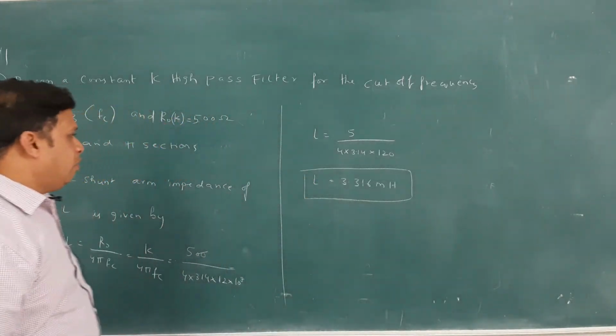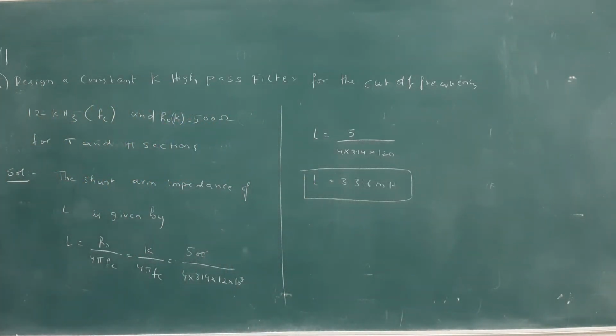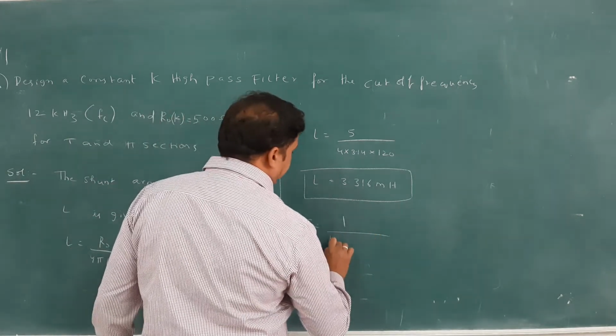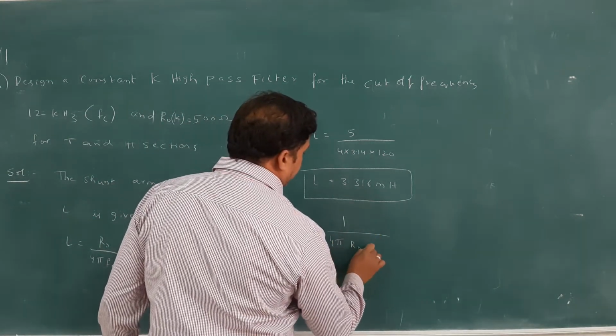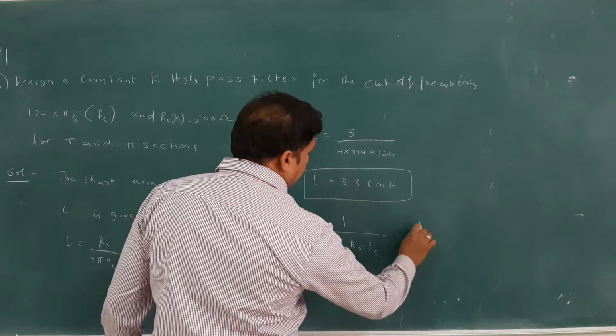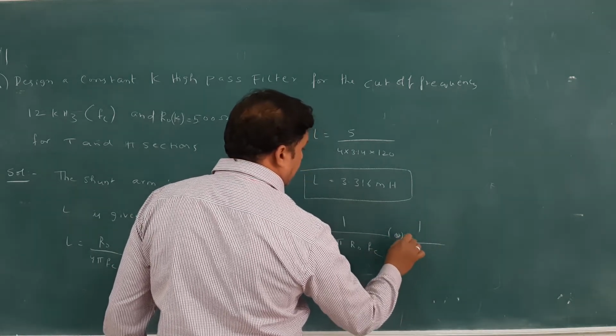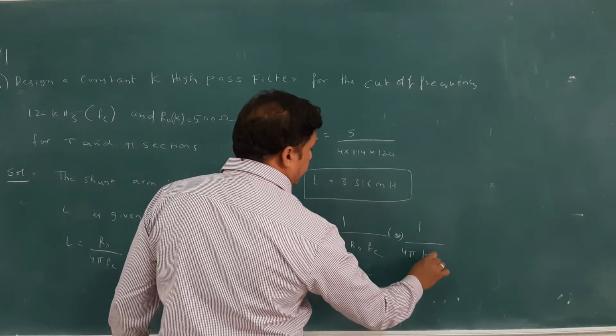Now if you got the value 3.316 millihenry for L, then we have to write the capacitance value also now. And C is equals to 1 by 4 pi R0 into Fc, or 1 by 4 pi K into Fc.